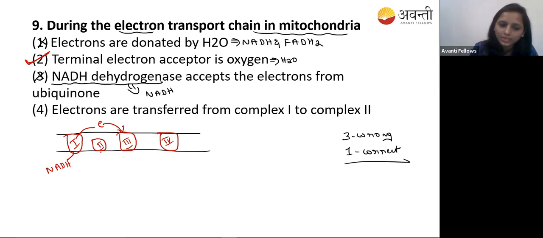Complex number 2 will accept the electron from FADH2. We also call it succinate dehydrogenase, complex number 2.